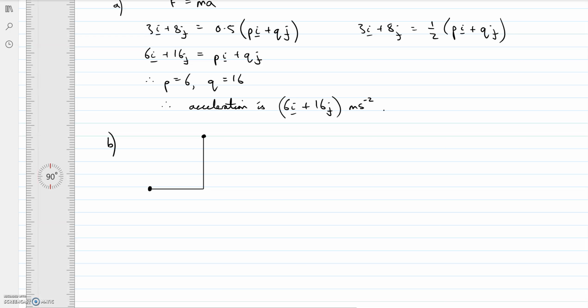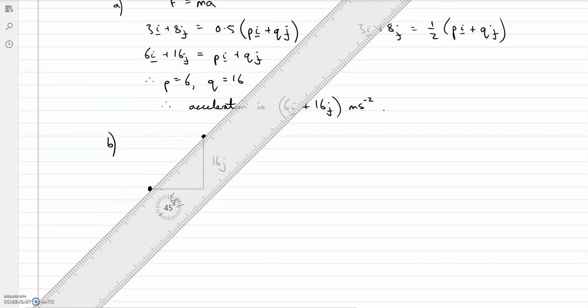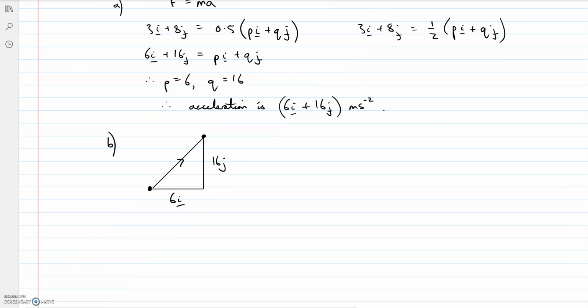So we've got 6i here, 16j here, so the resultant is on this diagonal. It's not 45 degrees, it's not to scale. So we're going this way, this is the way that we're accelerating. And so we can work out the bearing that it's going off in, and we can work out its magnitude.